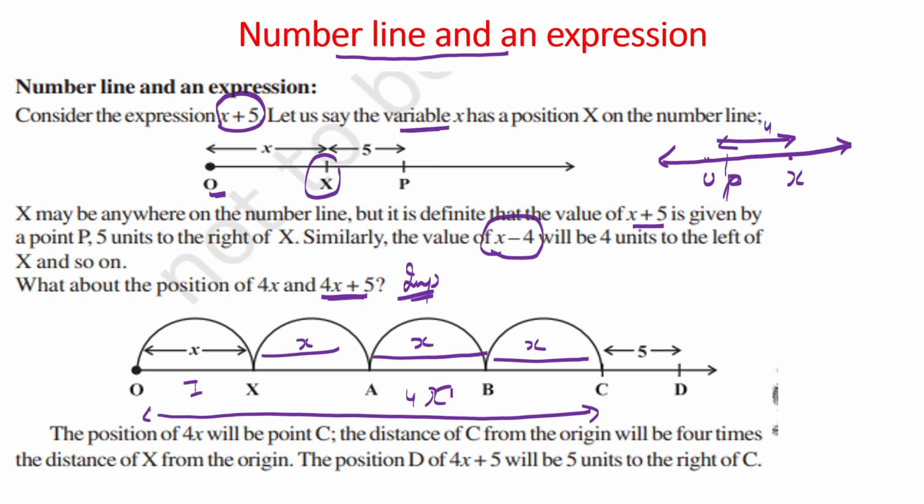Clear? Now we need 4x plus 5. So this is your 5. So the point D represents 4x plus 5. Clear? This is your homework: you have to locate 3x minus 4, or anything. You can easily express it on the number line.